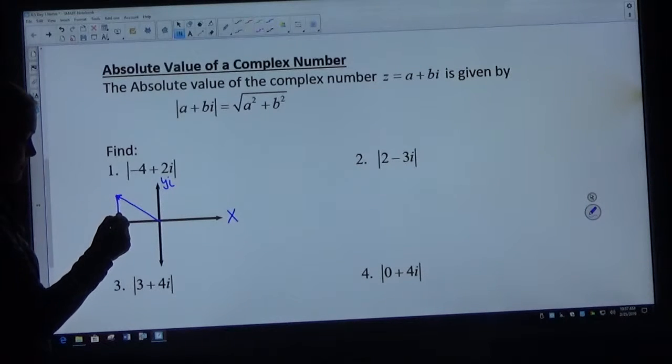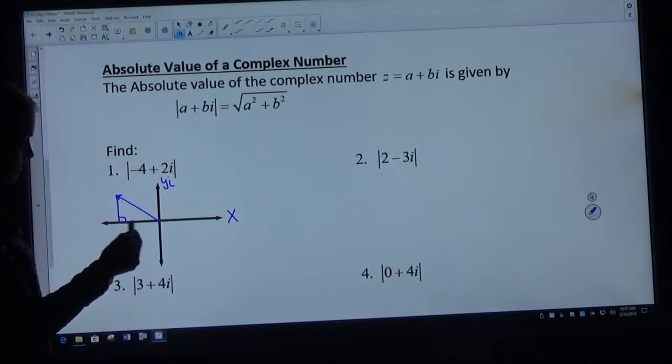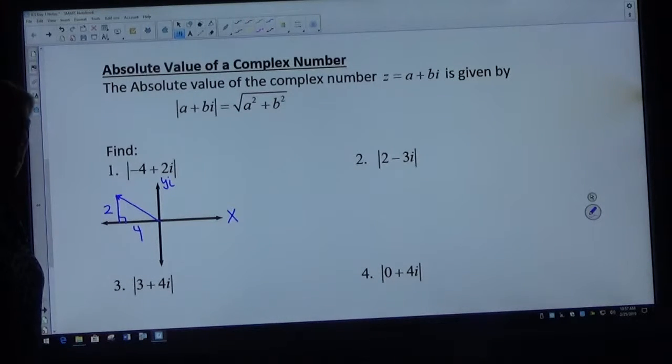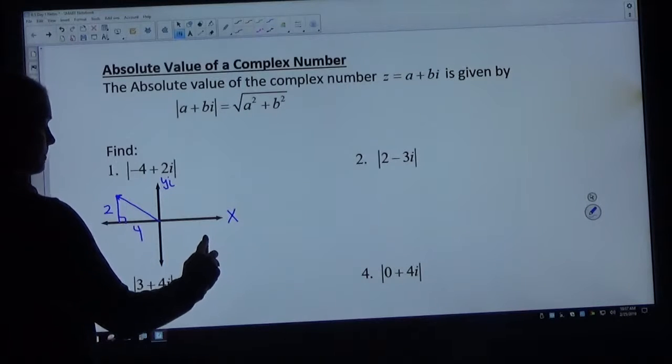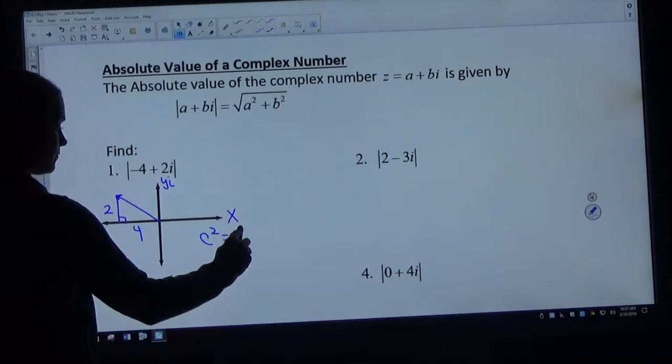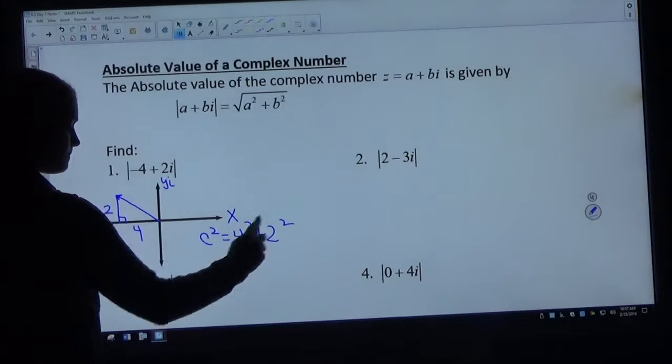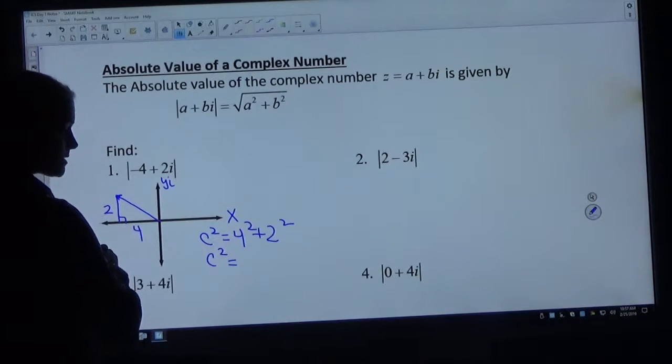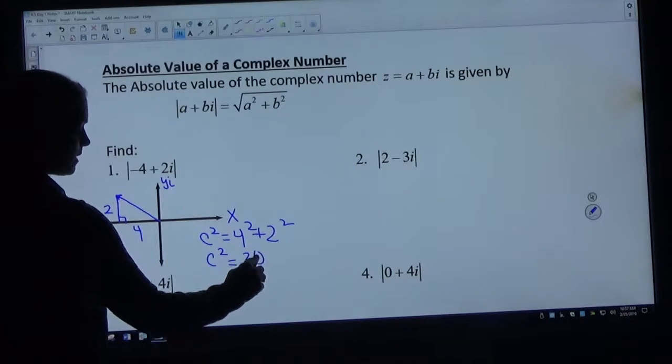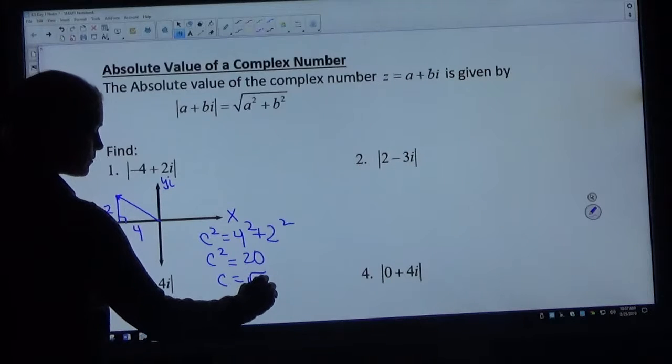If I drop my altitude, that's 4 and up 2, and now I'm back to just doing the Pythagorean theorem. So c squared equals 4 squared plus 2 squared. C squared is 16 plus 4, which is 20. And when I solve, I get the square root of 20.